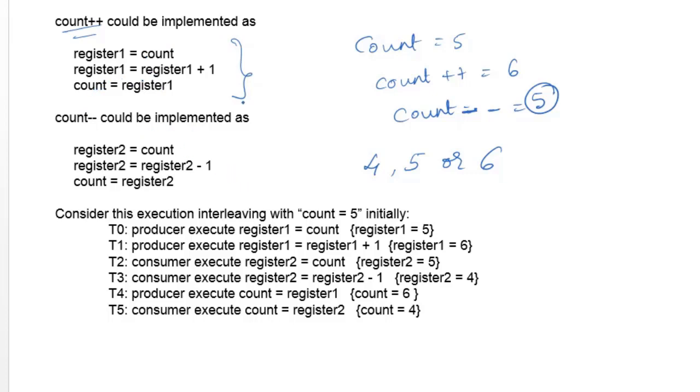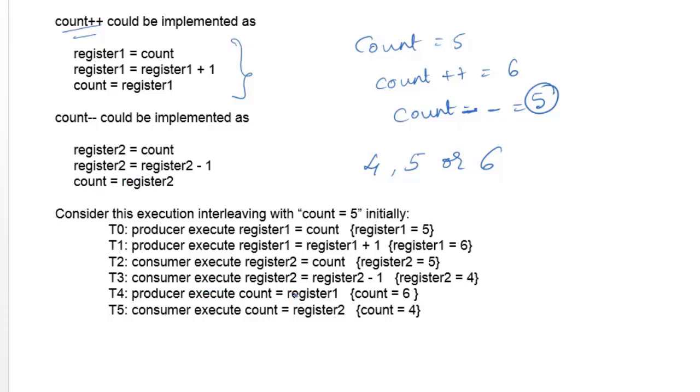Similarly, count minus minus in the machine code will look like this. Count value is fetched and updated in register 2, and we are decrementing the value of register 2 by 1. Also we are updating the register 2 contents into the memory location called count, right?